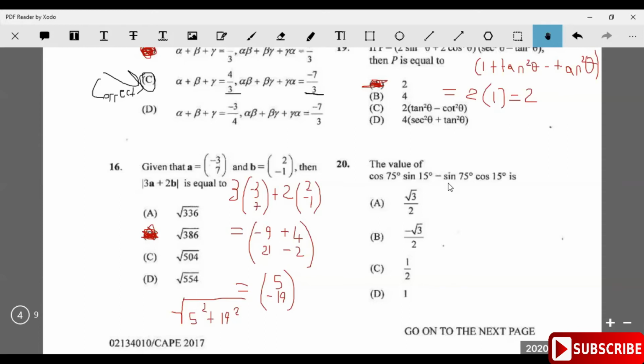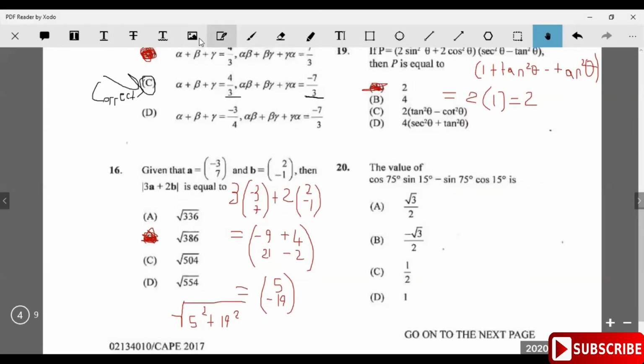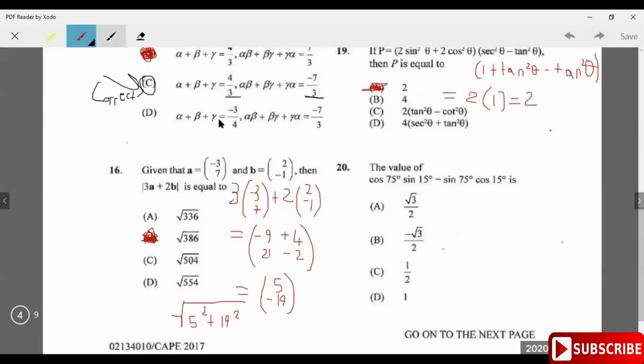Cosine 75 bracket, sine 15, minus bracket, sine 75 bracket, cosine 15. You put all that in a calculator, you're going to get minus 0.866. Minus 0.866 is minus root 3 over 2.